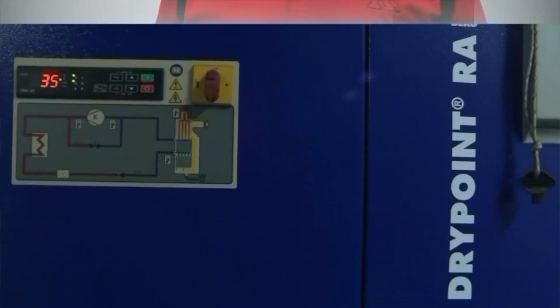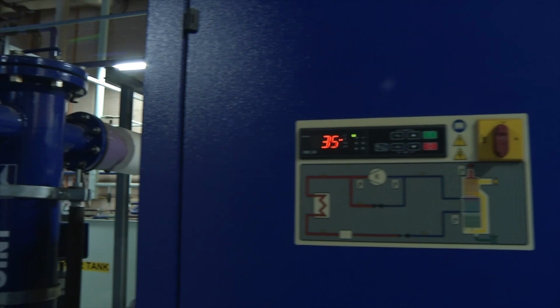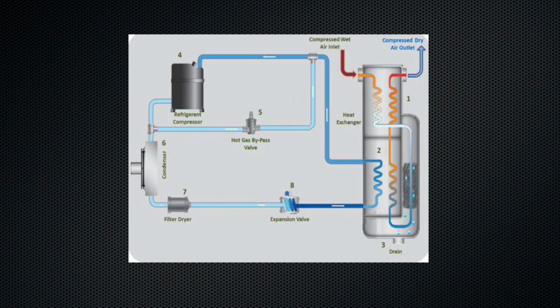So how do you dry? Well, there are two classic ways to do it. The first and most common is you cool it down with a refrigerator-type device. They cool the air down to 35 or 40 degrees in order to squeeze out the water and lower the dew point. The compressed air is then warmed back up to room temperature, normally using the heat from the entering compressed air. The refrigerators themselves usually aren't very sophisticated.